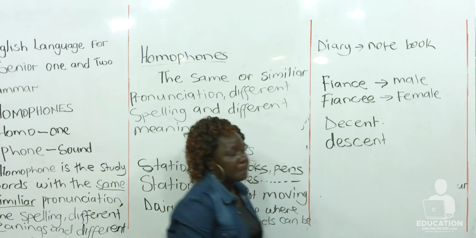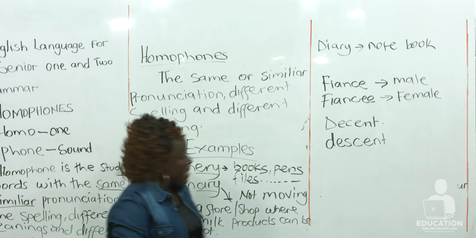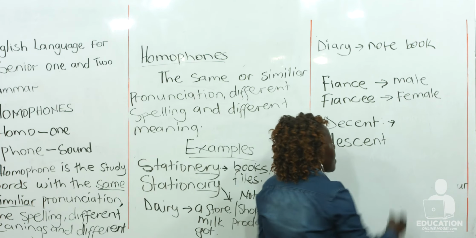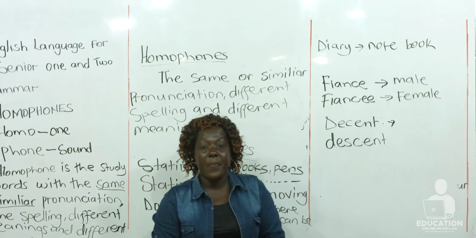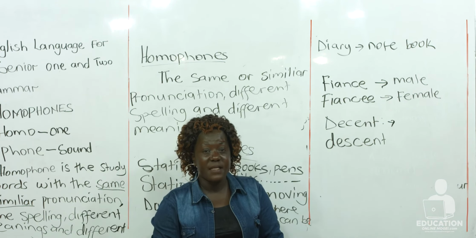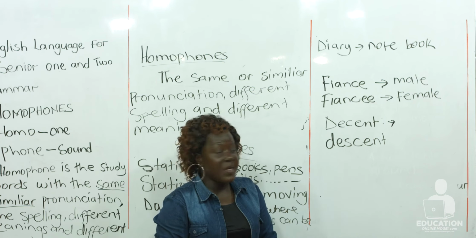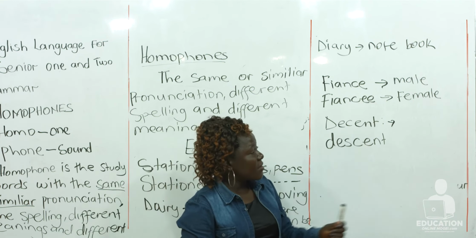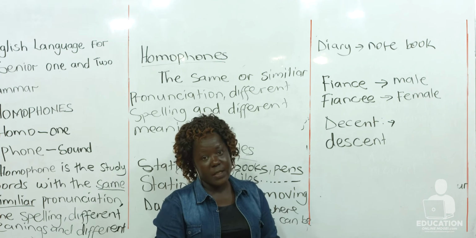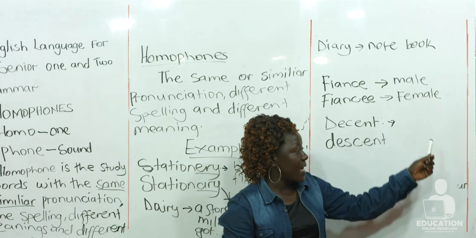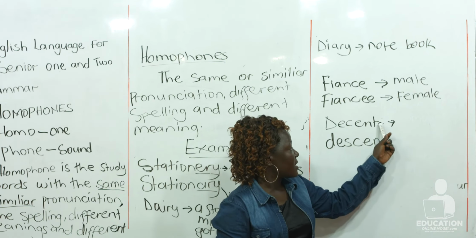Right. This one means properly organized in behavior. You behave decently. Can also be dress code. If you dress according to set rules in the society, then you dress decently.